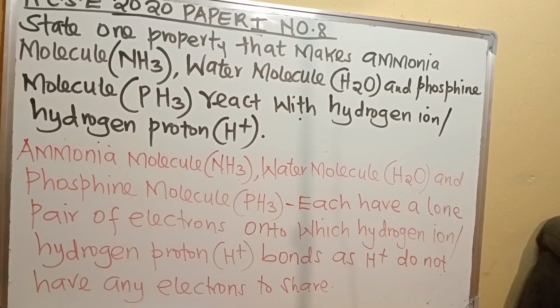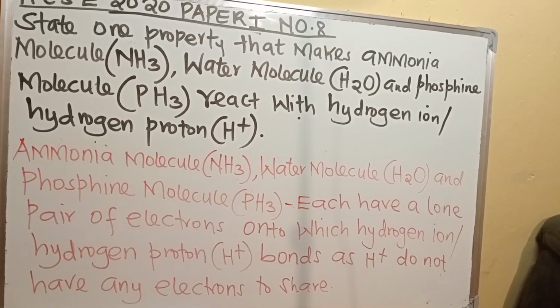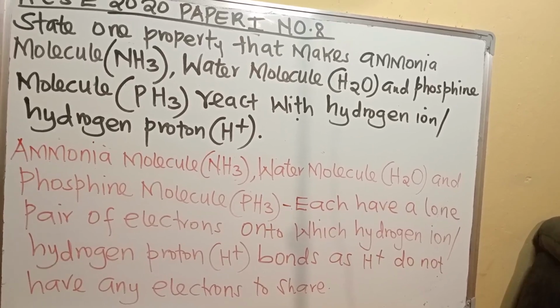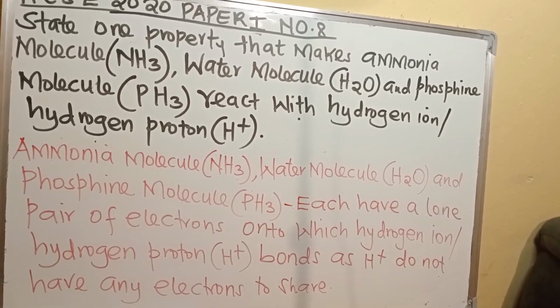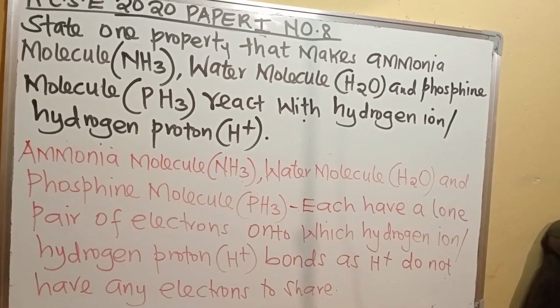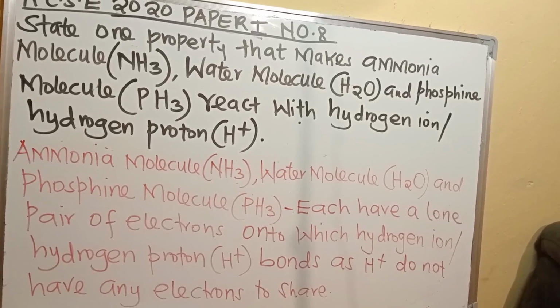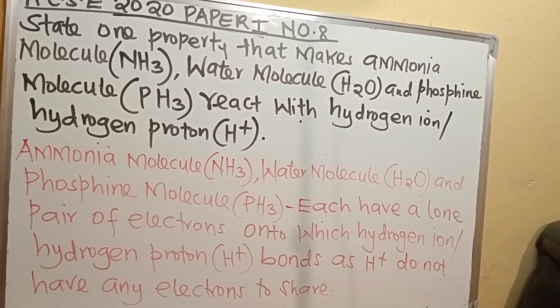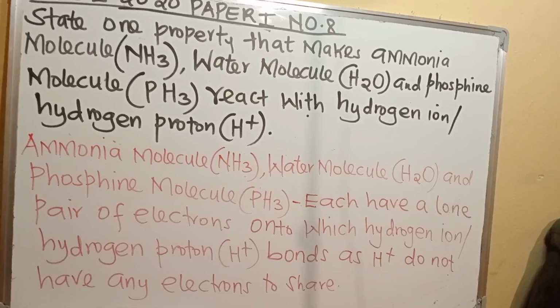It is called the hydrogen proton when hydrogen reacts as a group 1 metal, the alkali metals, and by reacting as an alkali metal, it loses the only one electron that it has in the only one energy level that it has.